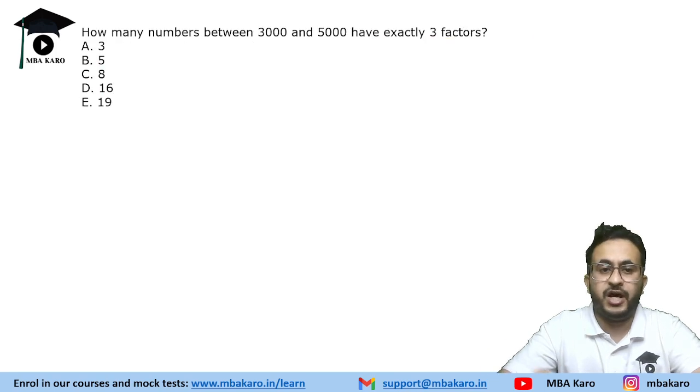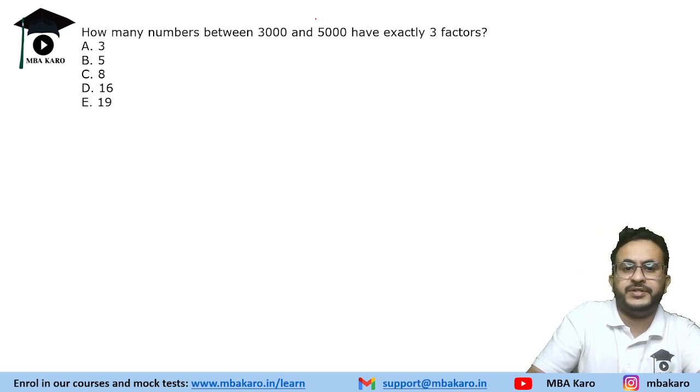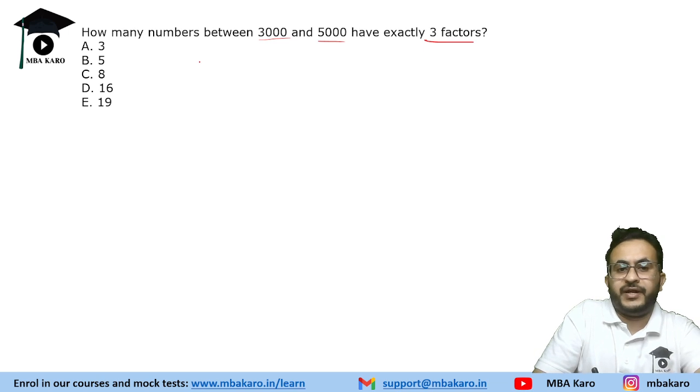Next question. How many numbers between 3000 and 5000 have exactly 3 factors? How do we do this? Now, how do we find the number of factors?